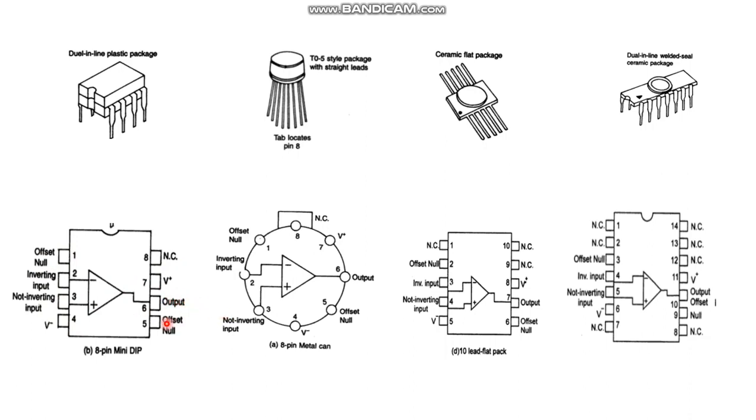To null that offset, you have to apply some voltage to these two pins in order to make output voltage 0 when we are not applying any input to the inverting and non-inverting input pins. If we are not applying any input to the input pins, output should be 0. But if we are getting some output, we should apply some voltage, that is offset voltage, in order to make that output 0. That output is called offset.